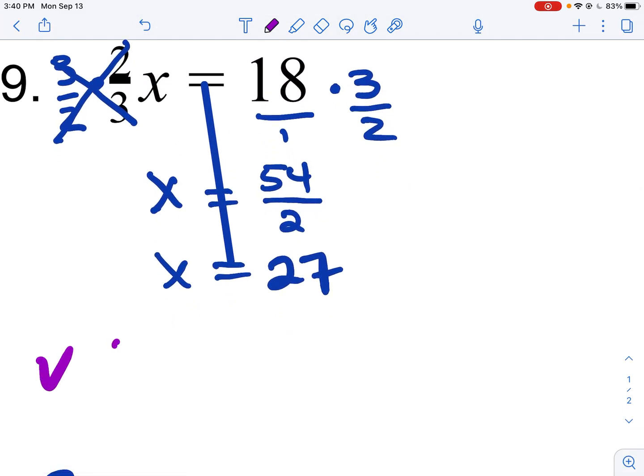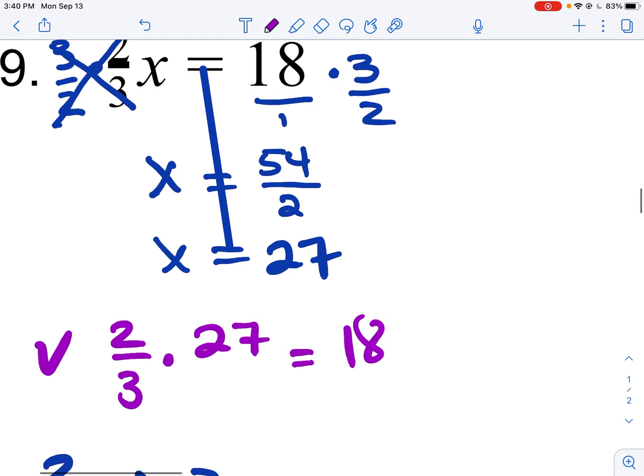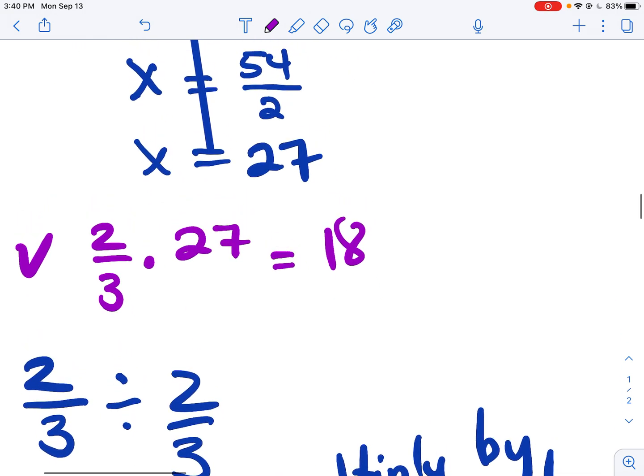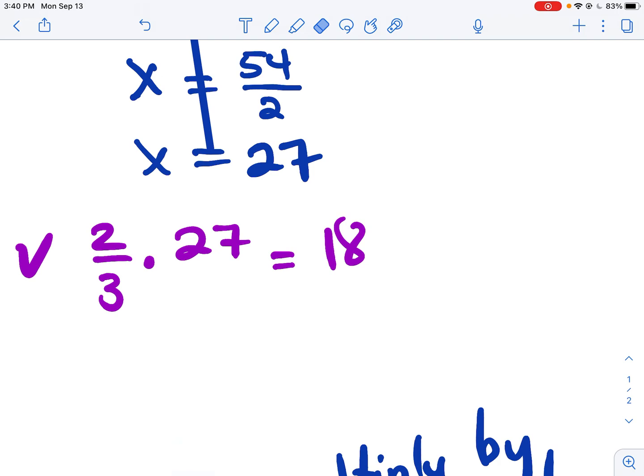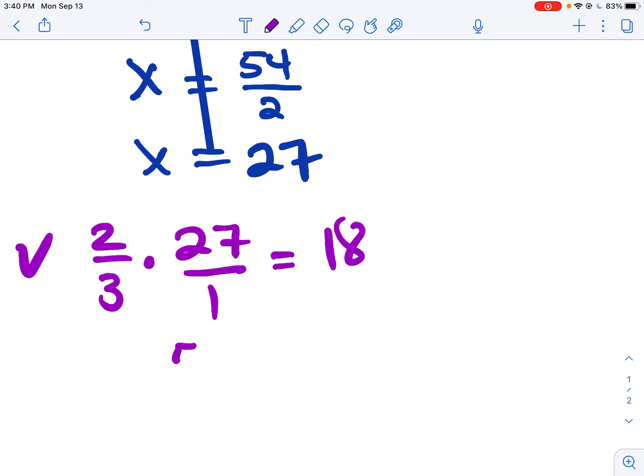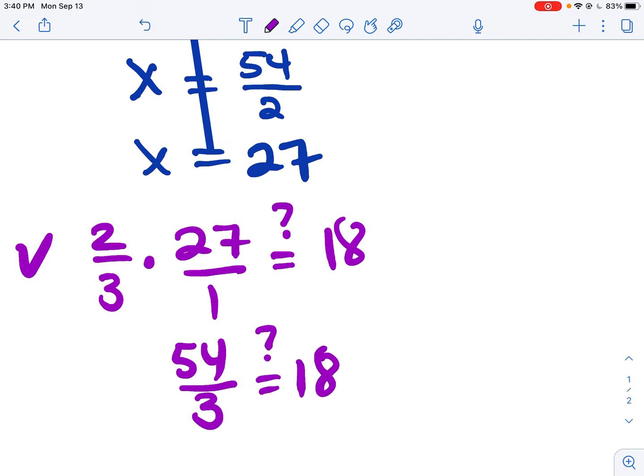So I'm going to check my work and make sure I did it correctly. So 2/3 times 27 equals 18. That can be over 1. 2 times 27 is 54 divided by 3.